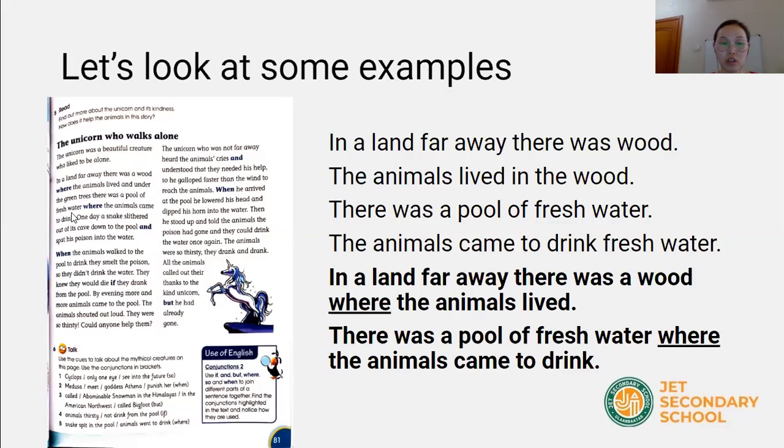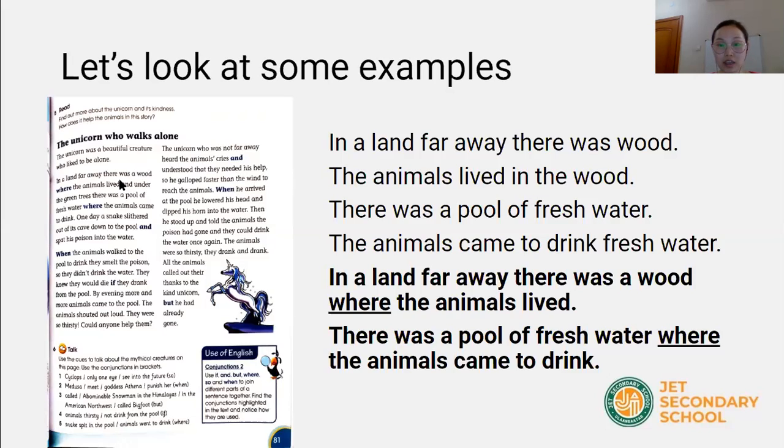There was a pool of fresh water where the animals came to drink. Let's talk about only this part, and the rest you read on your own and figure out how some of the conjunctions are being used in this text.